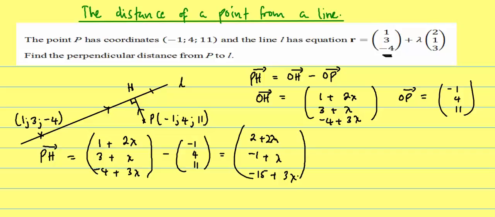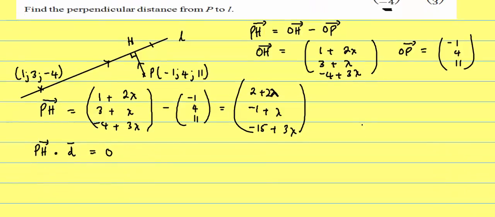Okay, so once we have found the vector PH, remember what we have said. We've said that this vector PH is going to be perpendicular to the direction vector D of the line, so the dot product of PH and D is going to be equal to 0. Now let's go ahead and compute that dot product.